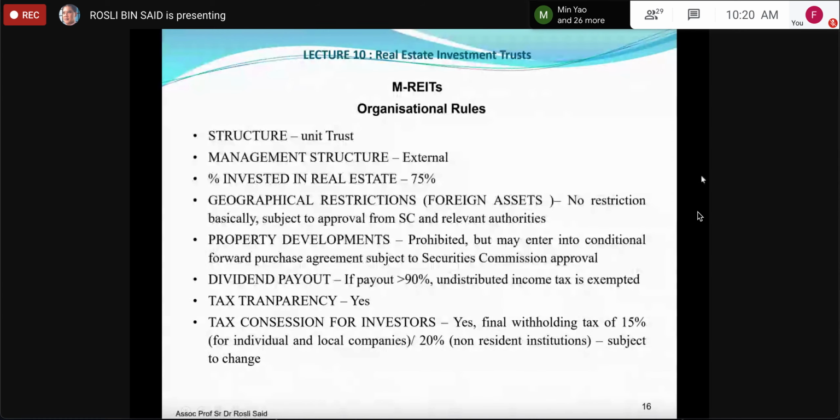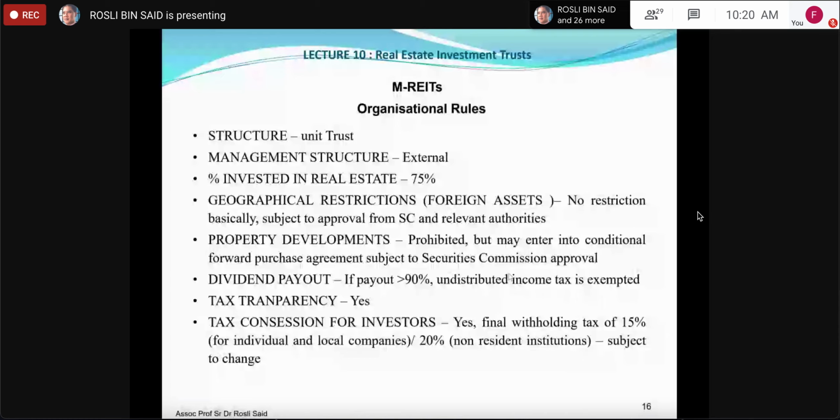So basically, this is okay. But if Sandabi itself wants to keep all the completed units for their own investment portfolio, then they are not eligible, they are not qualified to be a REITs company.